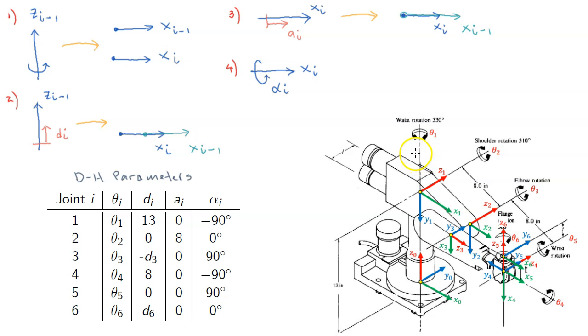And as you can see, in your head, we have to rotate minus 90 degrees, right? We have to rotate so that Z0 ends up parallel and coincides with Z1. So that's why alpha 1 is minus 90 degrees.